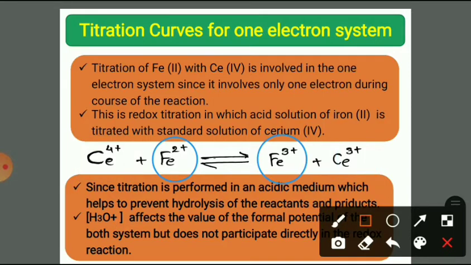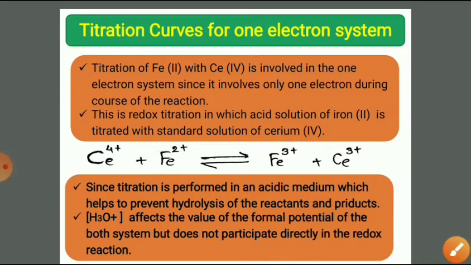Since the titration is performed in acidic medium, which helps to prevent the hydrolysis of the reactant and the product. Here the concentration of H3O+ affects the value of the formal potential of both systems, but does not participate directly in the redox titration.